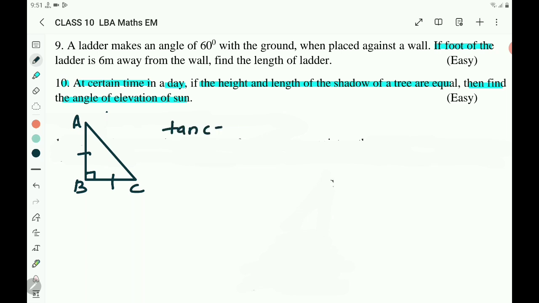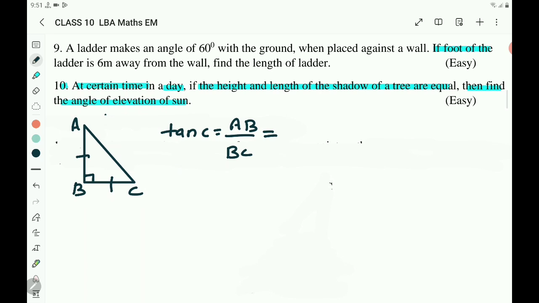tan C is equals to AB by BC. You can write it as AB by AB or BC by BC, because both of them are equal. AB by AB, which is equals to 1. Tan how much C is 1?